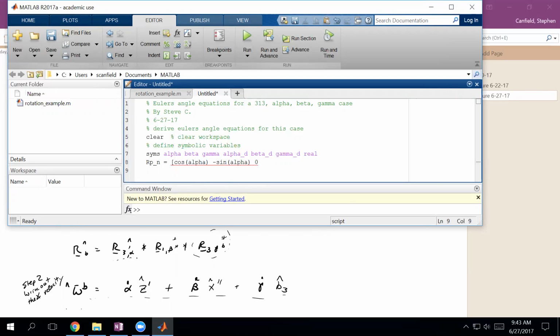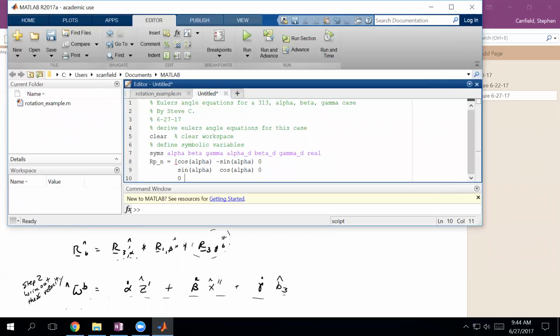Next row, I'll line these things up. Sine alpha, cosine alpha, and 0. Not sure why it's giving me that little underbar. I'll ignore that though. And then 0, 0, and 1.